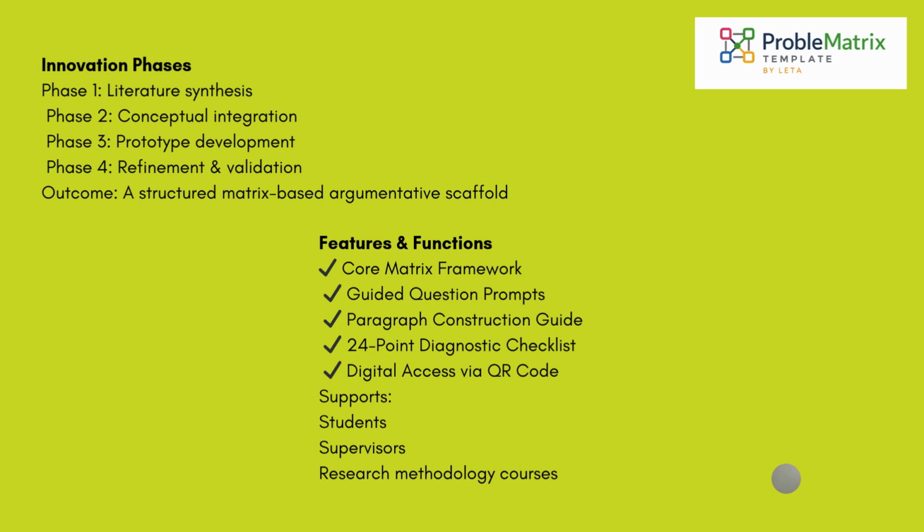Phase four, refinement and validation. We tested, adjusted, and simplified at this stage. This is because innovation must be usable, not complicated. And the result? A structured argumentative engine for the argumentative problem statement.